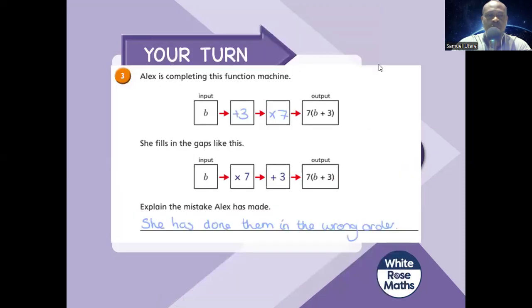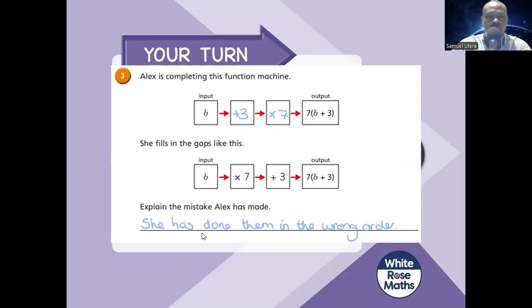Here is the answer to question 3. Alex is completing this function machine. She fills in the gaps like this, which is shown below here. Explain the mistake Alex has made.